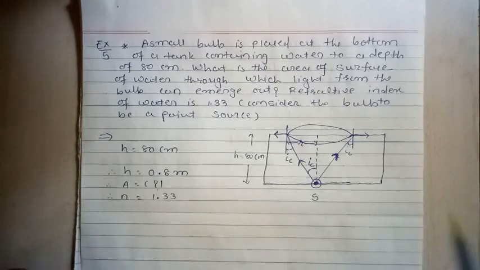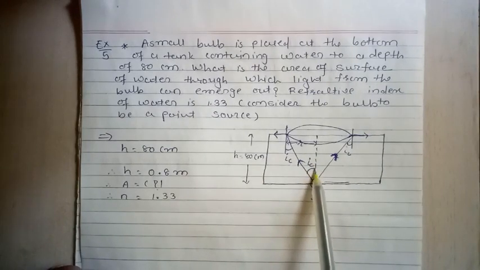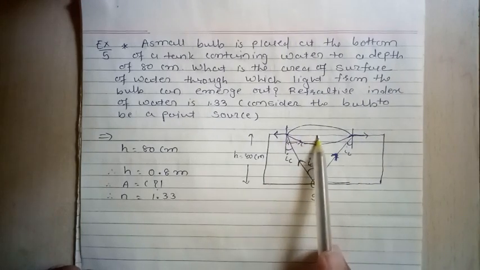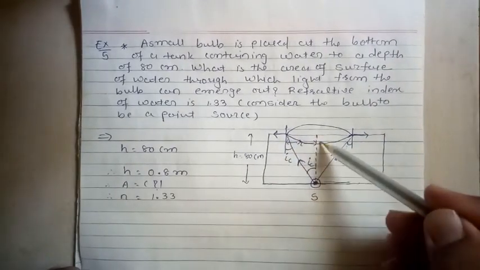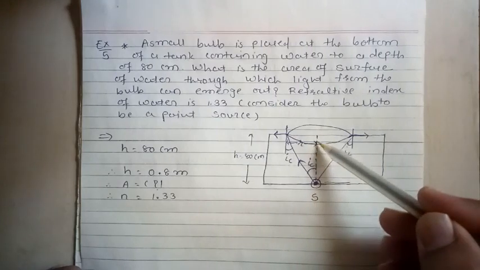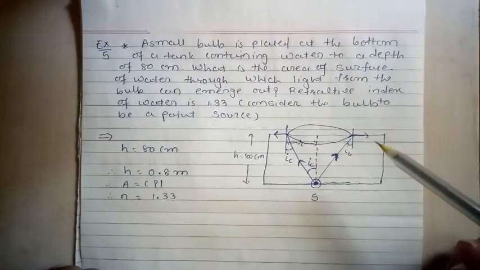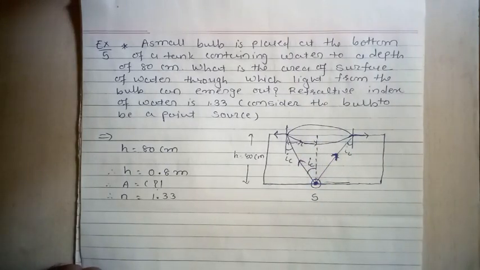So here see this geometry. Here this is IC, which is the critical angle. Here R is the opposite side, and this is the height, which is the adjacent side of IC. We know the relation between opposite and adjacent side, tan theta, right?